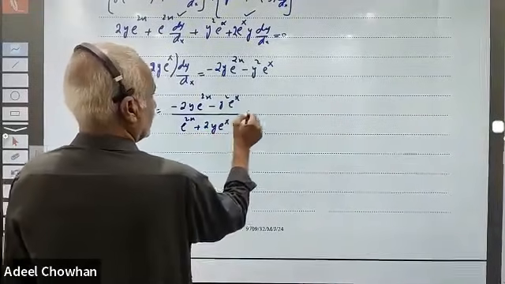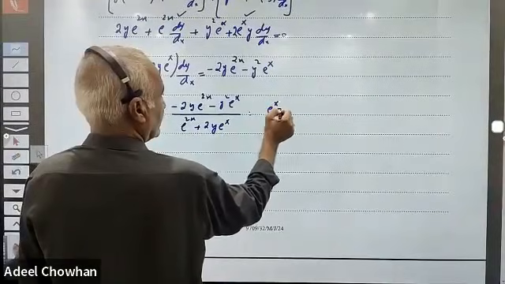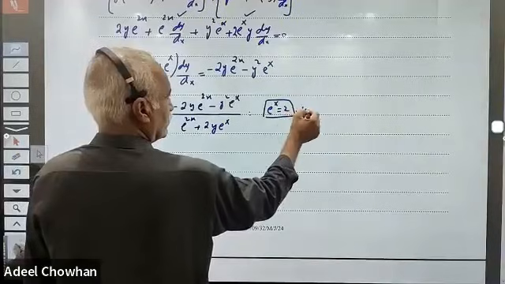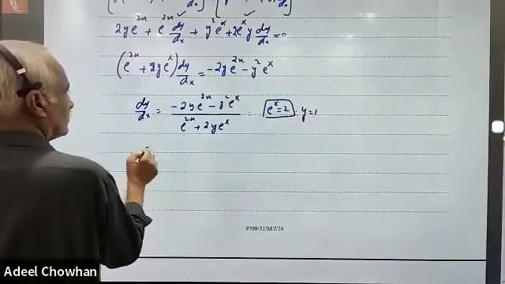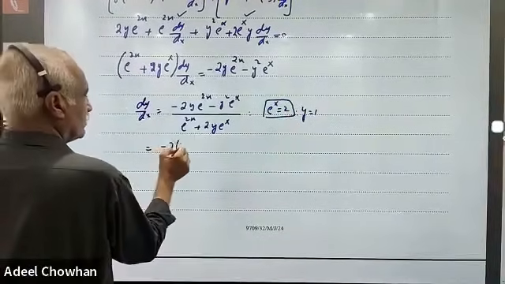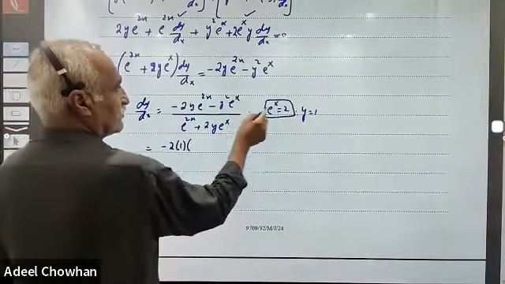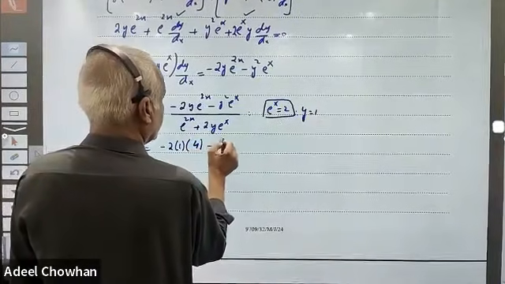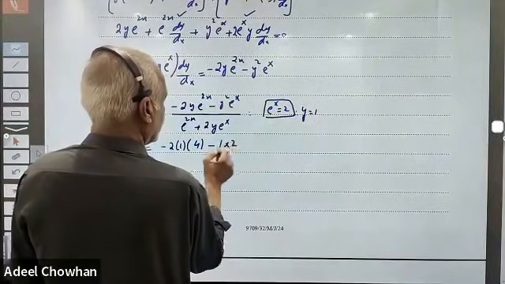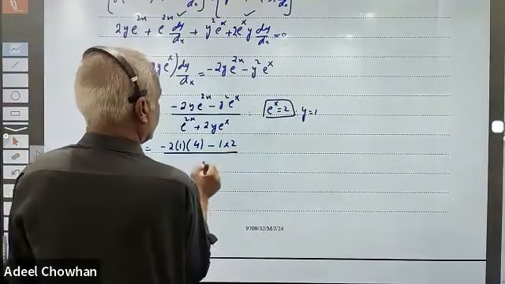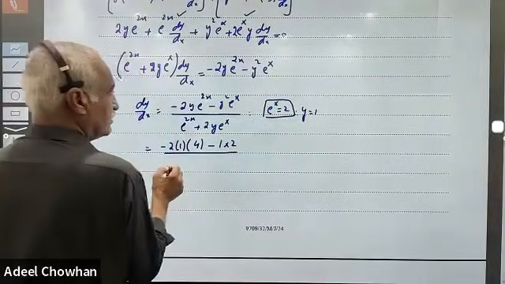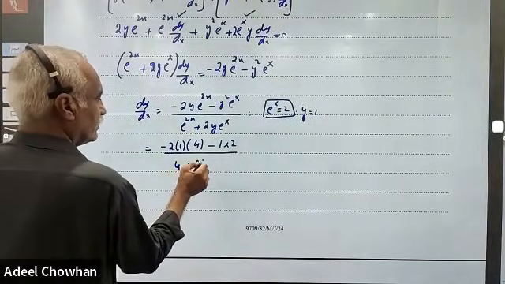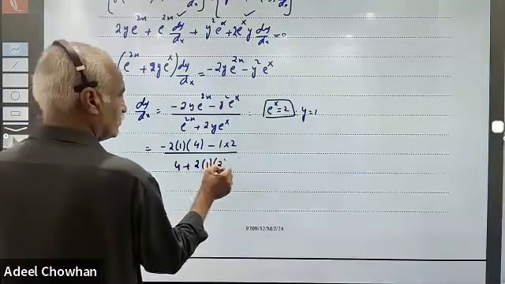But we know that e power x is equal to 2 and y is equal to 1. So that should be equal to minus 2 into 1 into e power 2x, which is 4, minus 1 square into 2, divided by e power 2x, that is 4, plus 2 into 1 into 2.